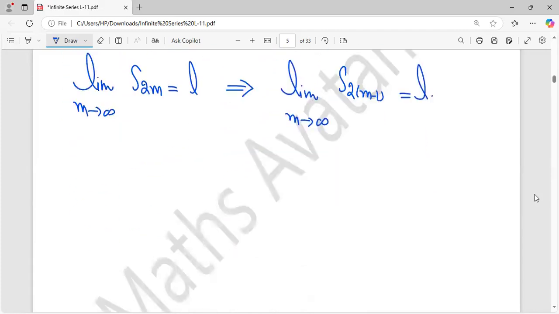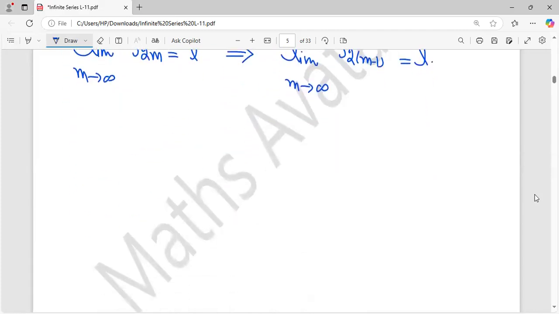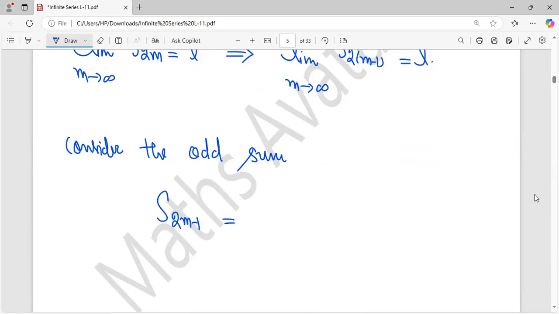Now we consider the odd sum S_2m minus 1. That is nothing but S_2m minus 2, and the last term can be added as u_2m minus 1.